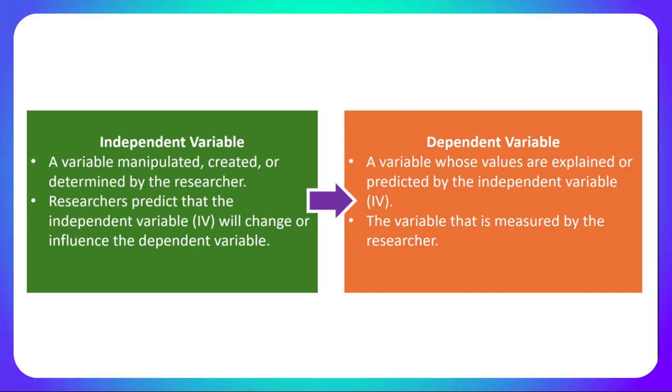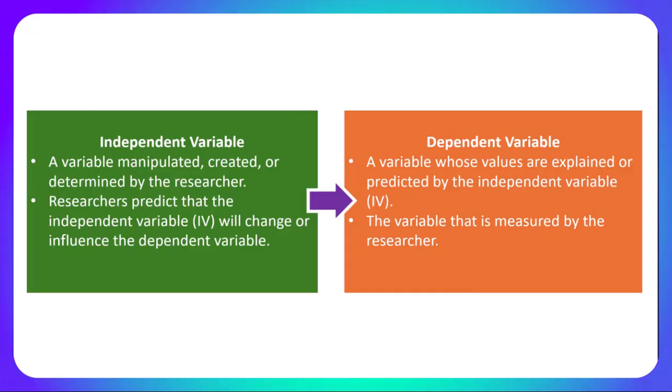It helps us understand what is going to influence or change what we measure. So the independent variable is what we start out with as part of our research design. We're looking at its influence on what we measure, which is the dependent variable. So the dependent variable is what we measure, the outcome of interest.